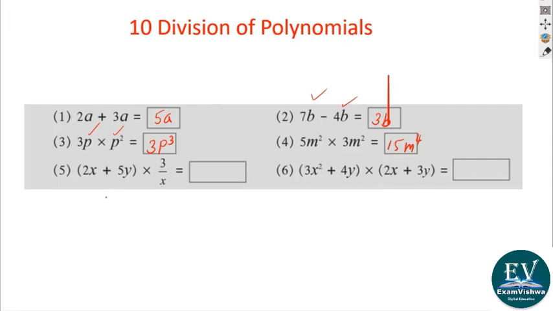This next one is a little complicated, where you can have a different way of doing it. It is given that 2x plus 5y multiplied by 3 upon x.